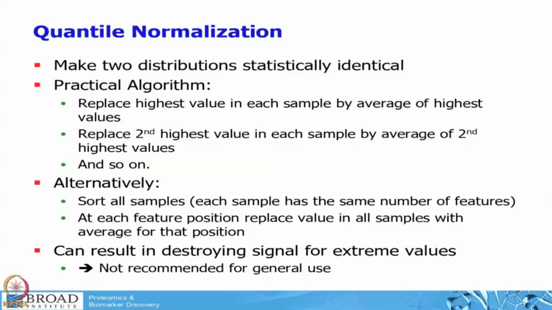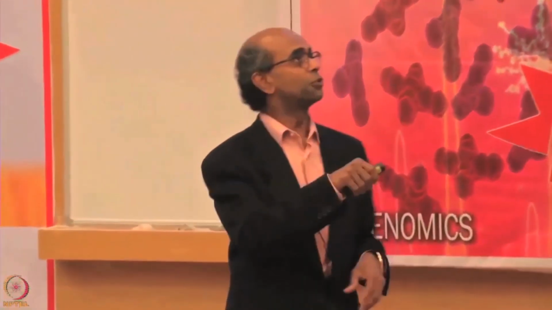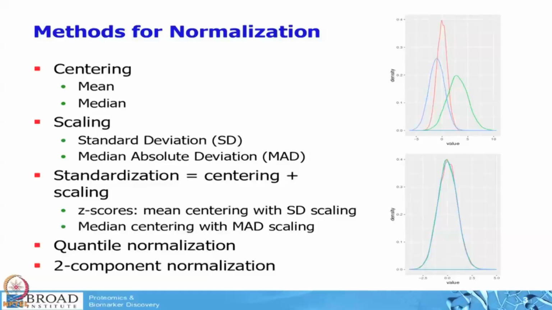So in order to deal with these problems, one way we came up with to address normalization and what happens in the extremes is called two component normalization. The concept here is, if you look at the distribution of proteins, you have a large number of proteins in the middle with an average log ratio of 0.